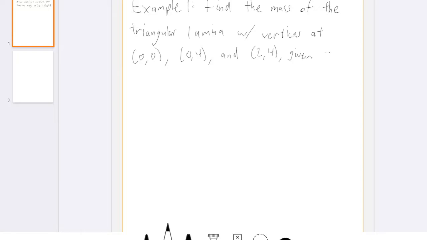Given that the density at x, y is rho xy equals 5x plus y. So I'll give you a second to pause and try that.